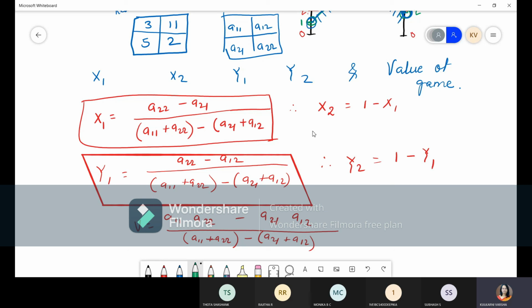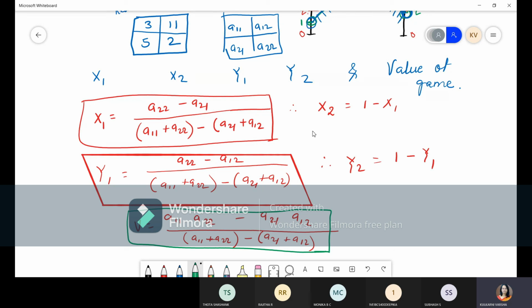So this is the formula for the value of the game, right? So by using this formula, by heart this formula, compare: this is a11, this is a12, this is a21, this is a22.